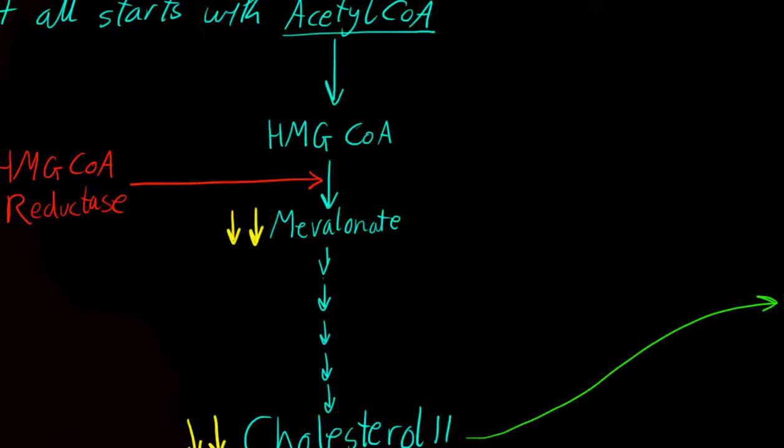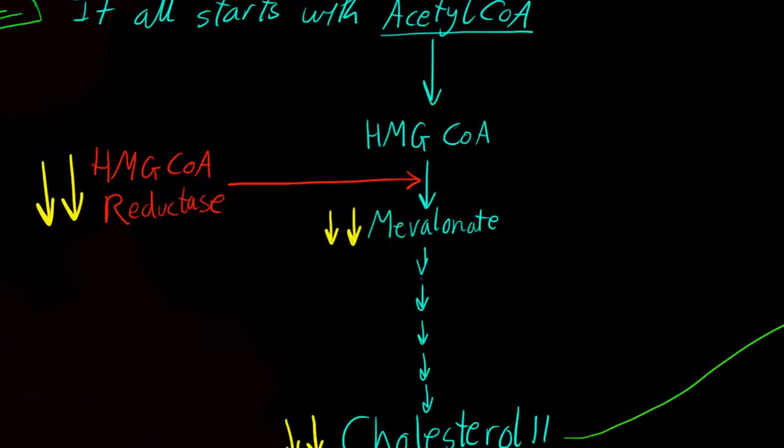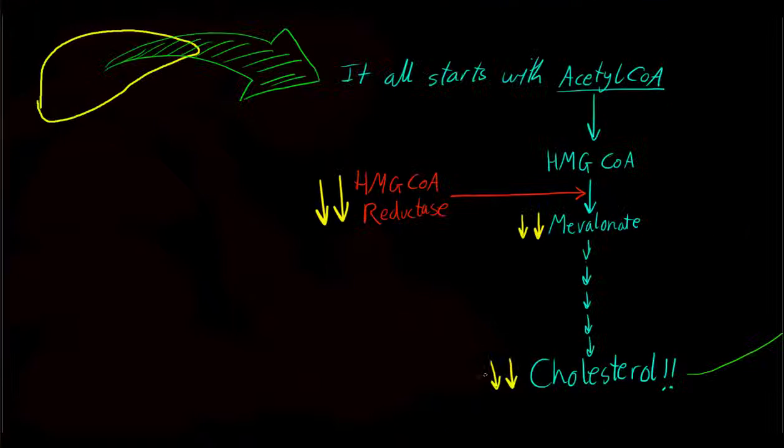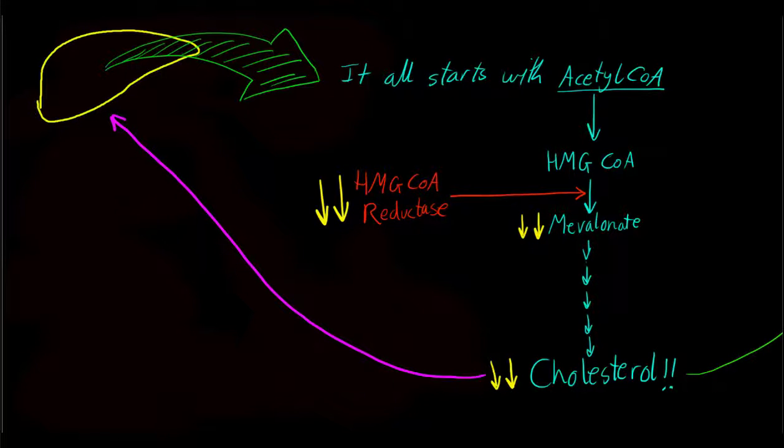What's going to happen is, let me just select another color here and just adjust everything here. Okay, I think purple should do it. So what's going to happen is, as the level of cholesterol goes down, the liver is going to start expressing more LDL receptors. So it's going to increase the level of LDL receptors, which means that there's going to be an increased uptake of LDL from the blood.